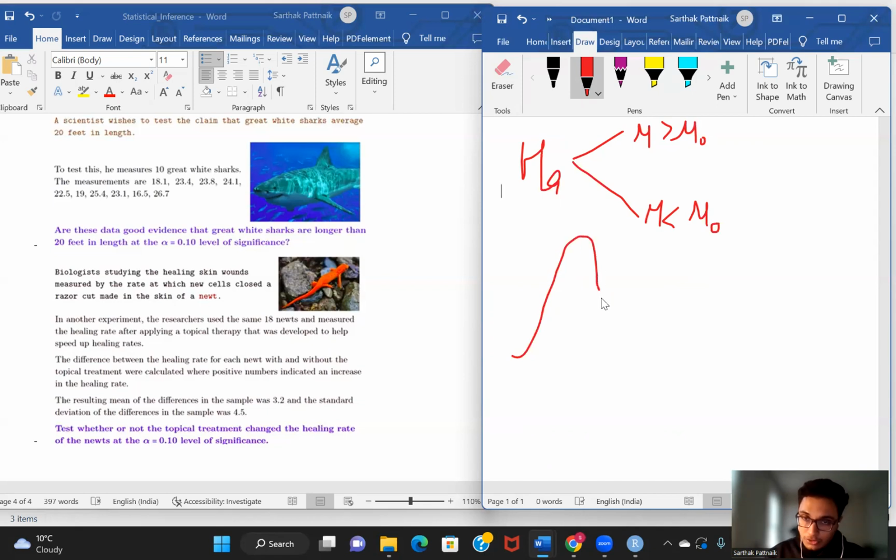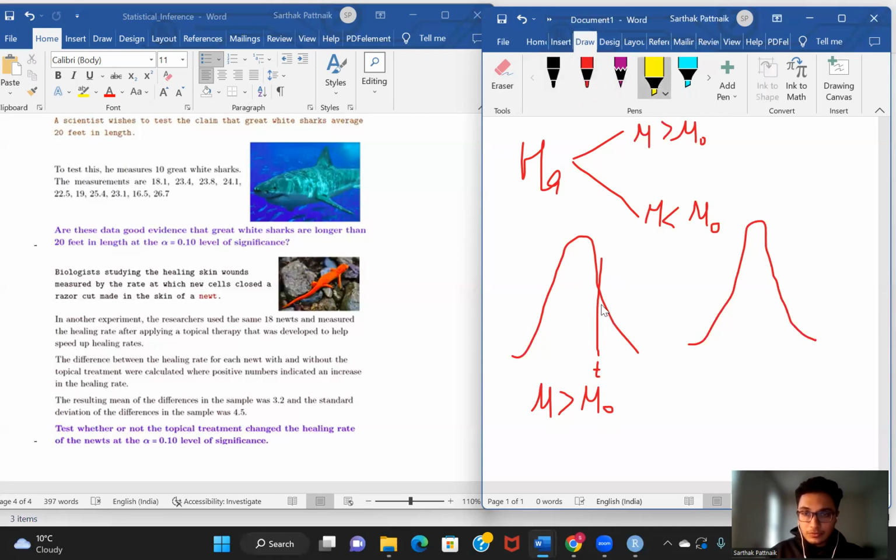Now, very similar to what we saw in Z-test, in t-test as well, this is for mu greater than mu naught. If this is my critical t value, then we are concerned with this area right here.